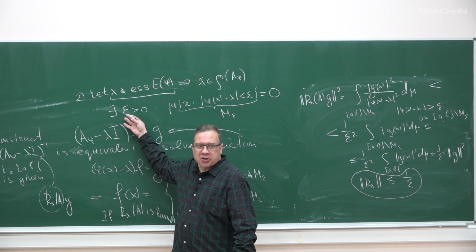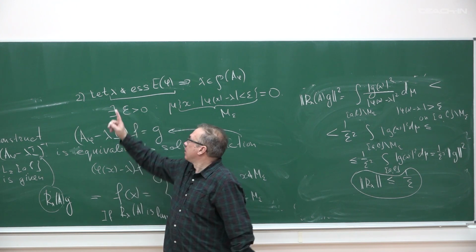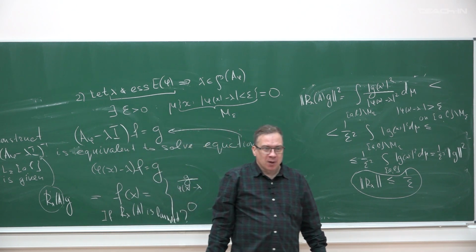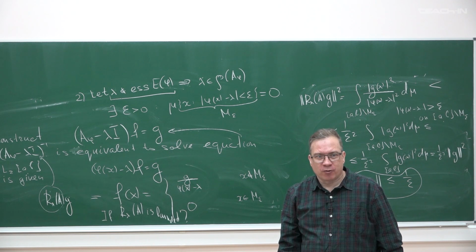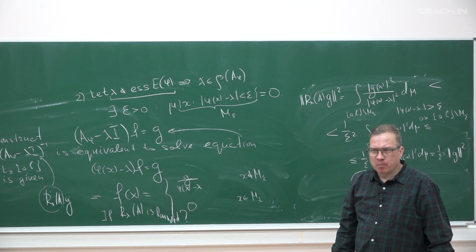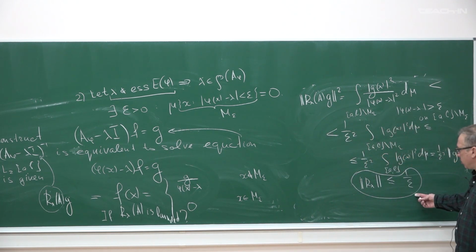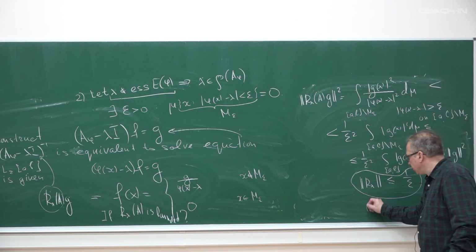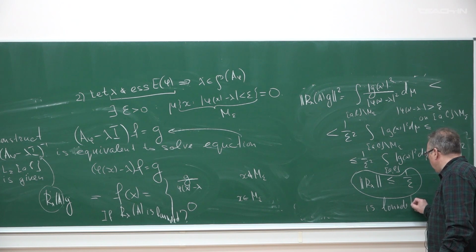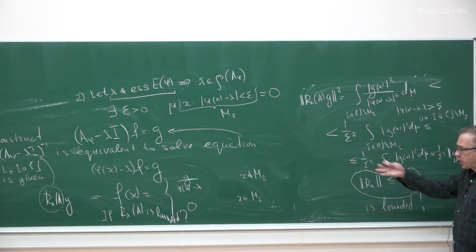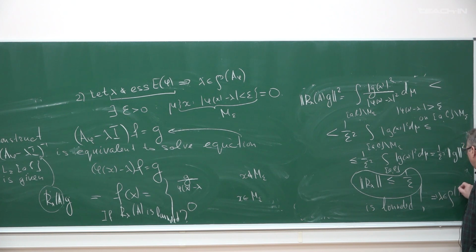It is a characteristic of number lambda, when lambda is not from the essential values of function phi. So it is bounded. So we constructed the resolvent, so lambda is from the resolvent set of the operator.